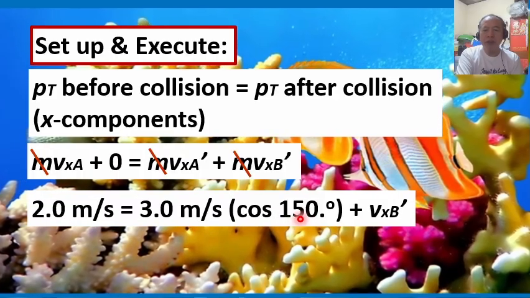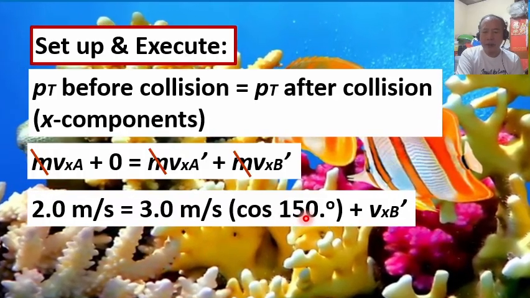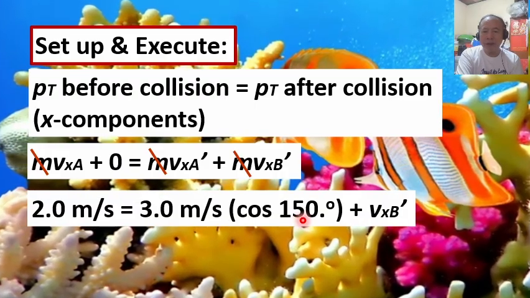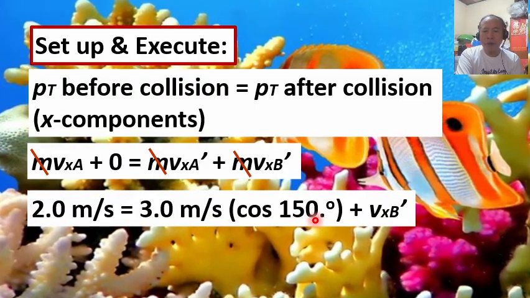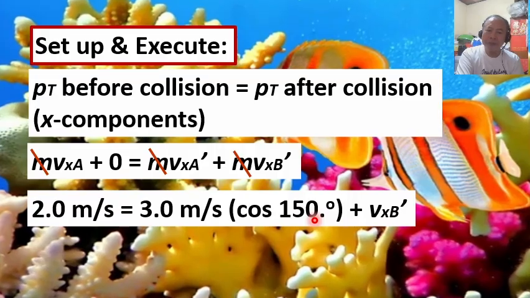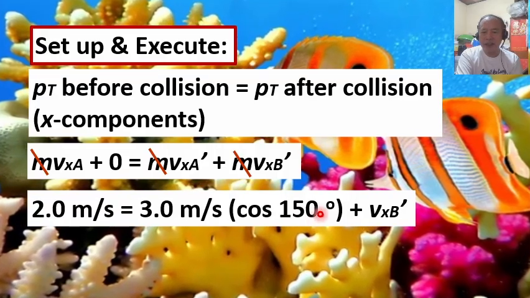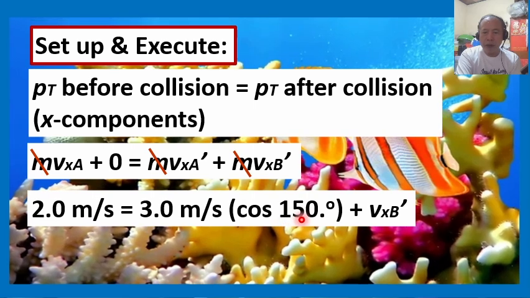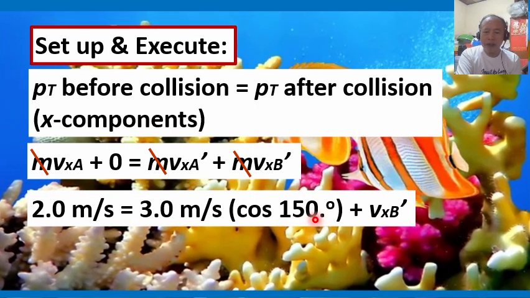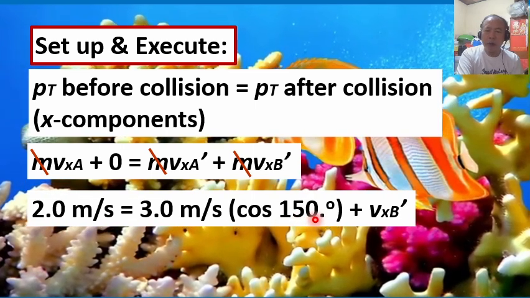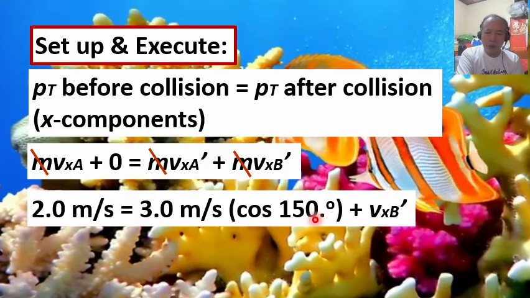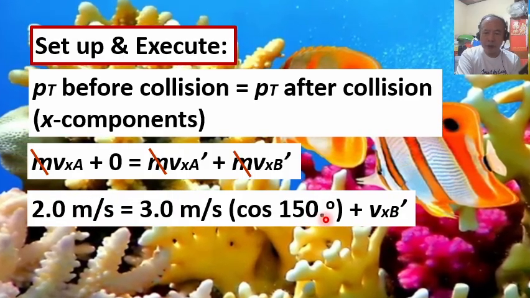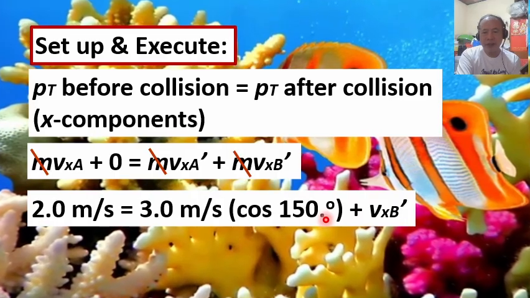So we're considering the angle formed by the velocity vector of particle A with respect to the positive x-axis, right? So 150.0 degrees is actually 180.0 degrees minus 30.0 degrees.